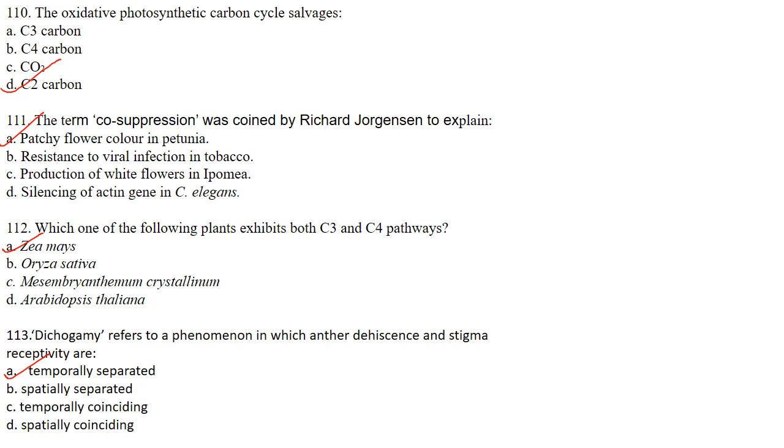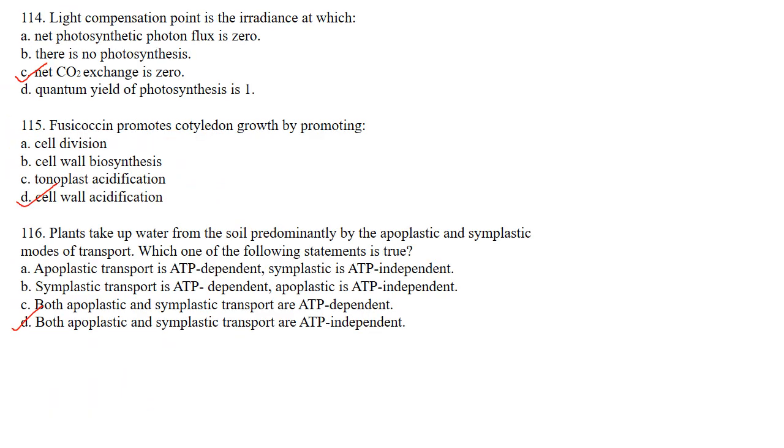Answer is option A. Then light compensation point is the irradiance at which. So light compensation point is the irradiance at which photosynthesis equals respiration. Now the answer here is net carbon dioxide exchange is 0.